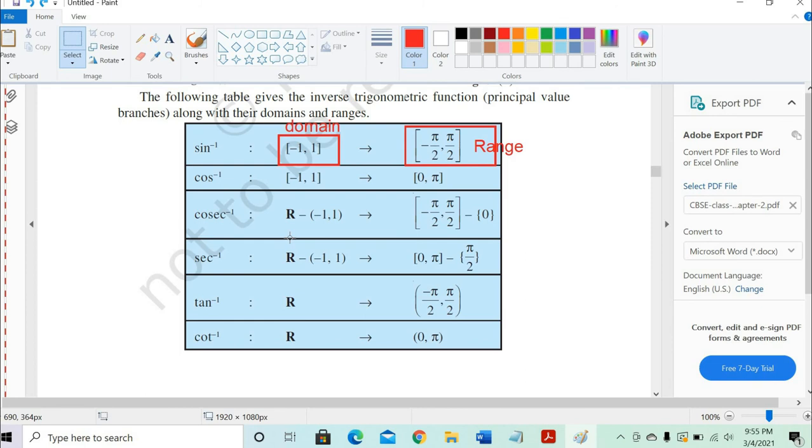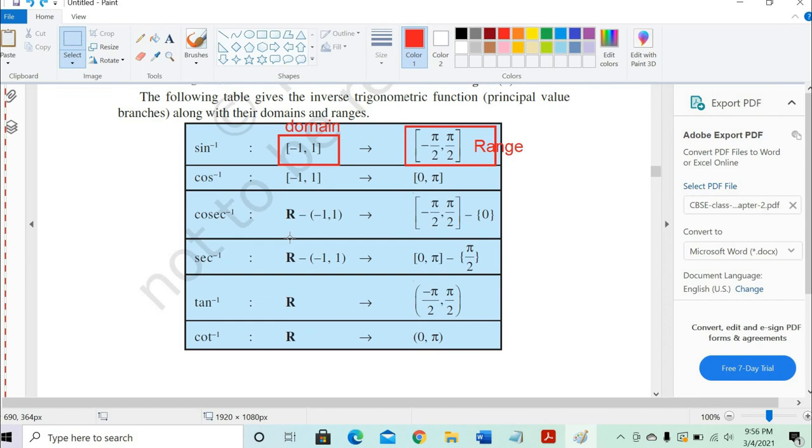Correct. Secant inverse x, the domain is again all the values except -1 to 1. Correct. And what will be the range? -π/2 to π/2.